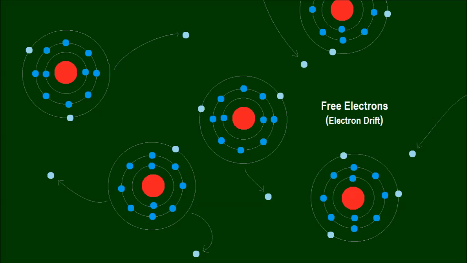It just happens randomly in any direction. What's very relevant about this now is that elements that have a great amount of free electrons can conduct electricity very easily and are thus called conductors. Materials that have little or no free electrons resist the flow of electricity, and we call them insulators.